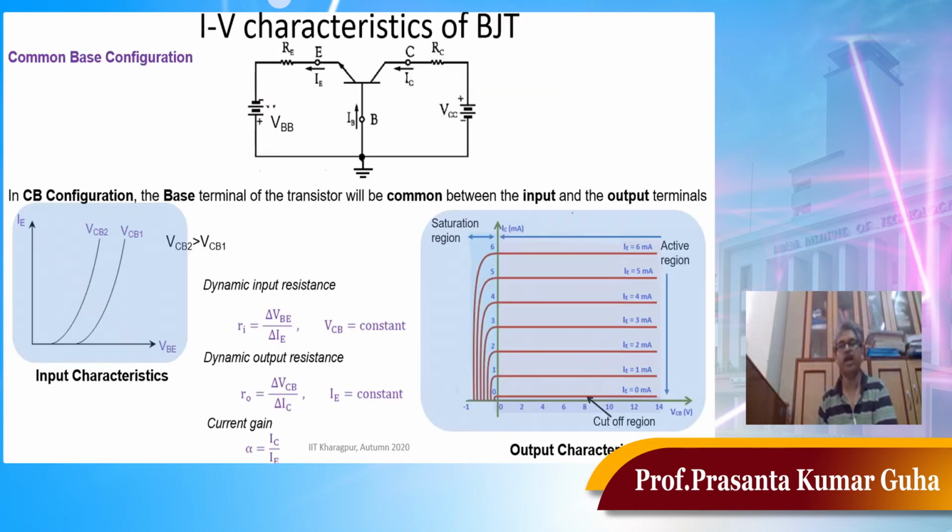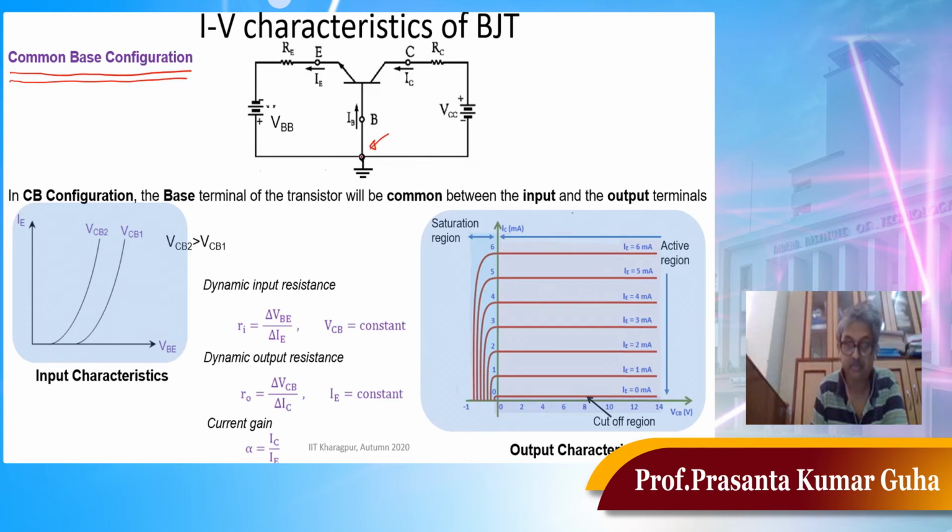Now let's move on and discuss the IV characteristics of BJT. Let's start with the common base configuration. What is common base configuration? It is where the base is grounded.